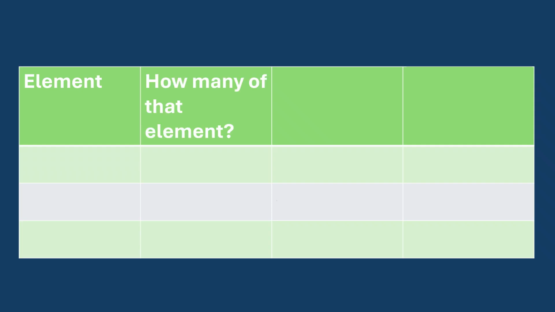As I mentioned, I'm going to do this as systematically as I can for clarity using a table. To fill in my table, I'll need to identify what elements are present in my compound, how many of that element are present, what the molar mass of that element is, and what the total contribution from that element is if there are more than one of that atom present.